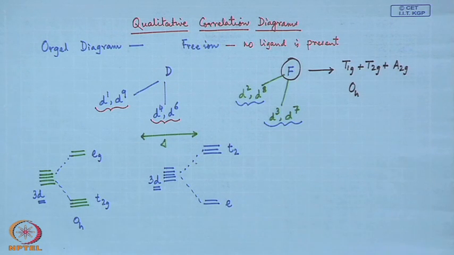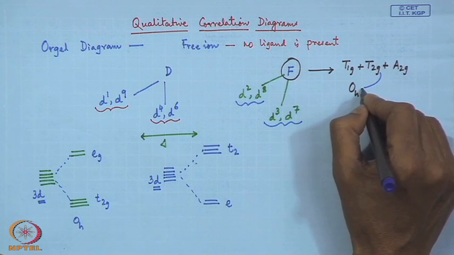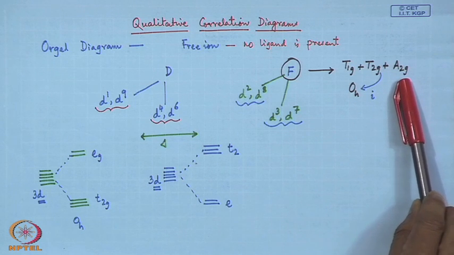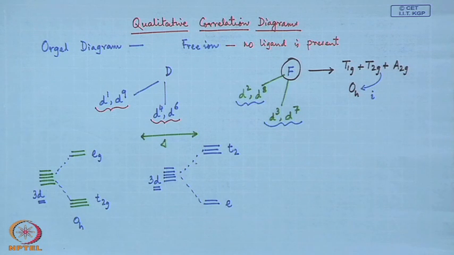These G subscripts are basically for the octahedral symmetry because the inversion center is present, and we will drop these G subscripts when we talk about the tetrahedral symmetry.